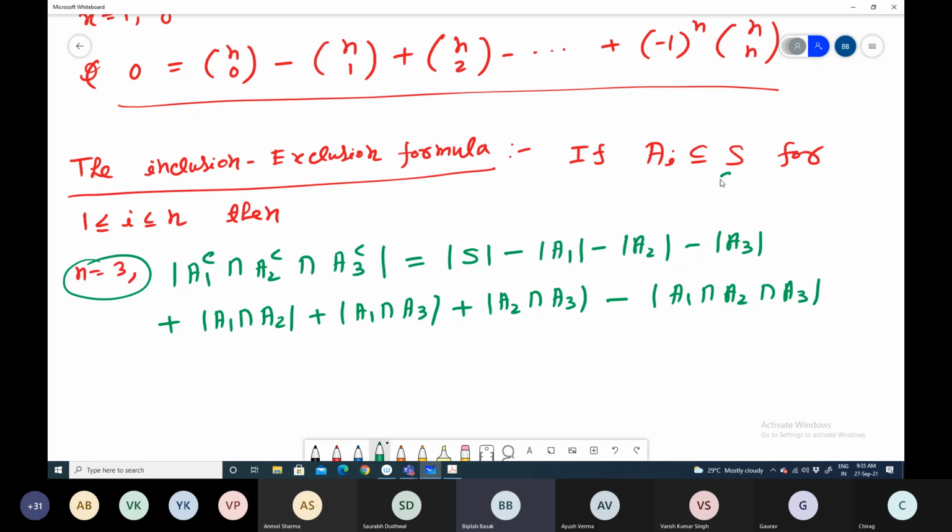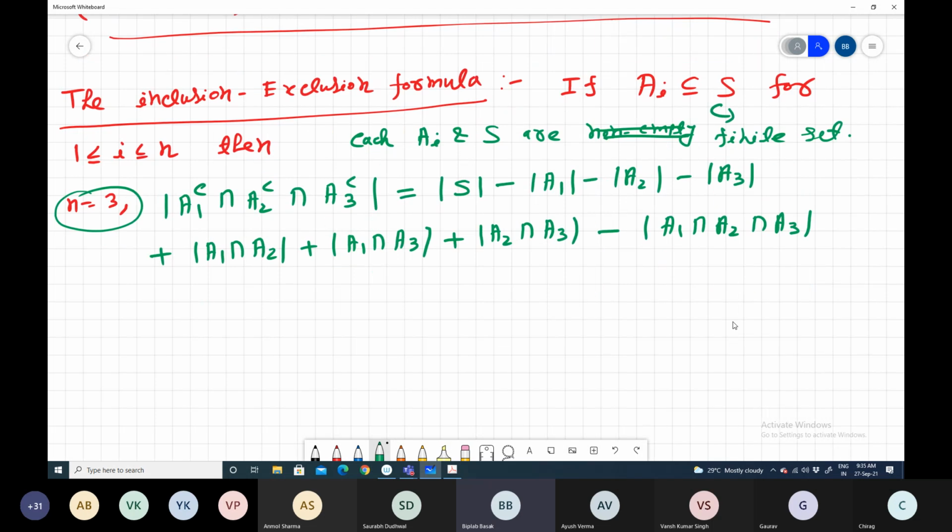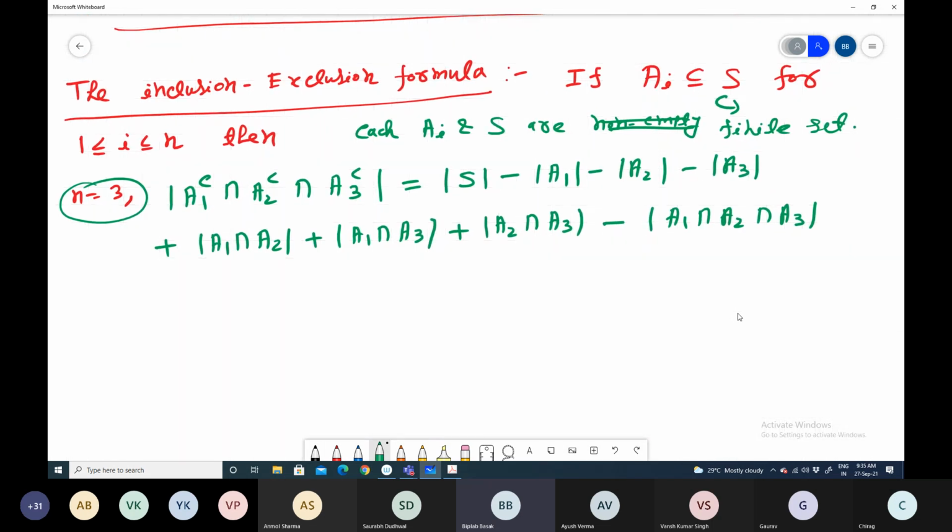Here it is better to say that each A_i and S are finite sets. We are talking about only the finite case, not the infinite one.